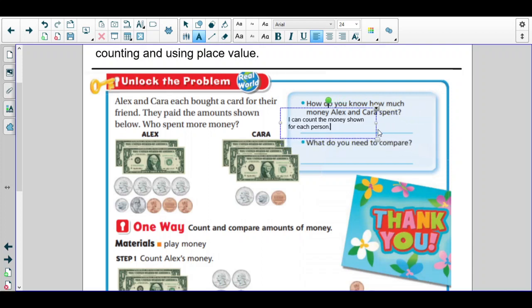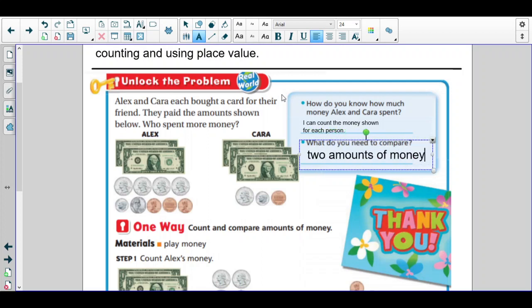Shrunk up a little bit. And get that moved on over. And then what do you need to compare? Well, what we need to compare are the two amounts of money. So let's get right to it then.